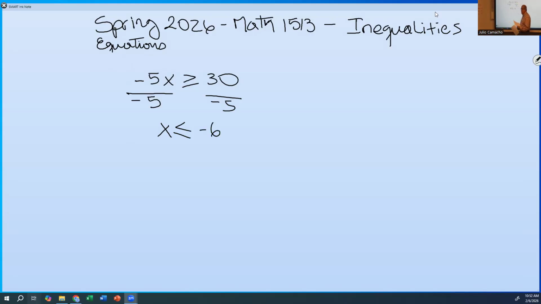So that is your answer. And this answer is saying that all the real numbers that are a solution for this equation are equal or less than -6. How do you do that in interval notation? What do you have to put there?